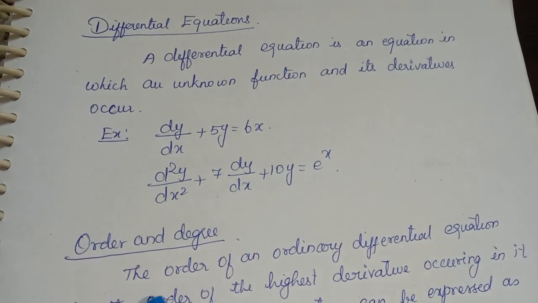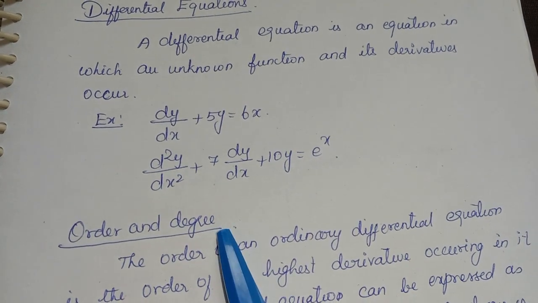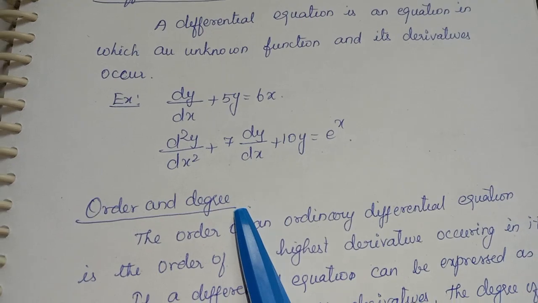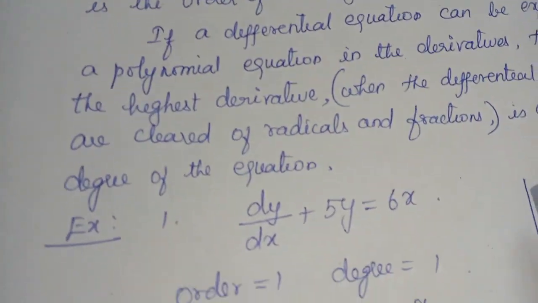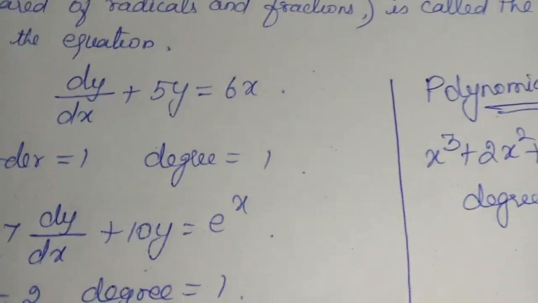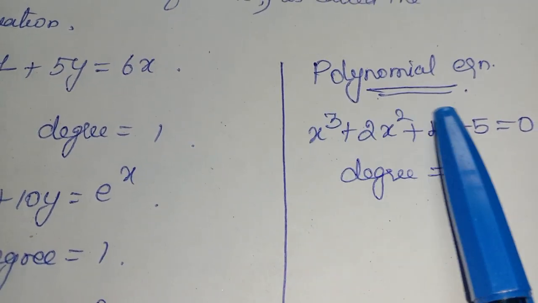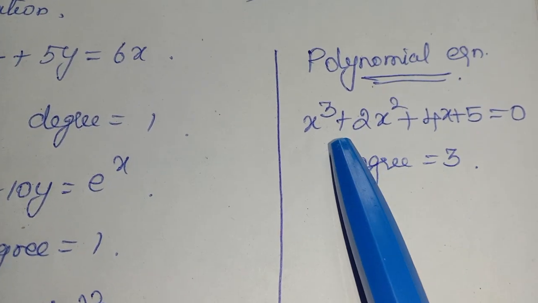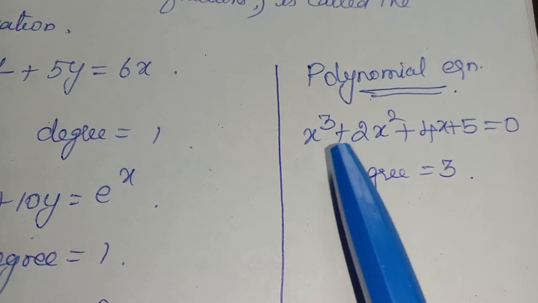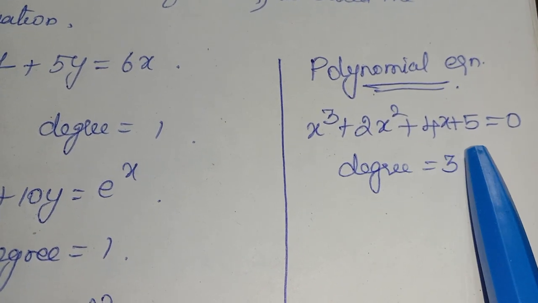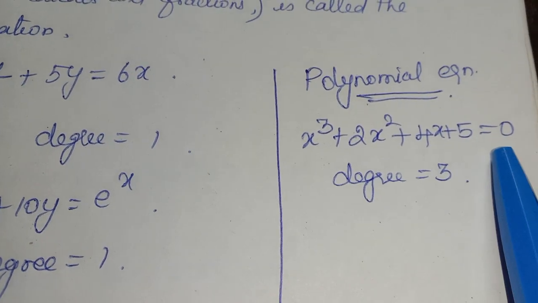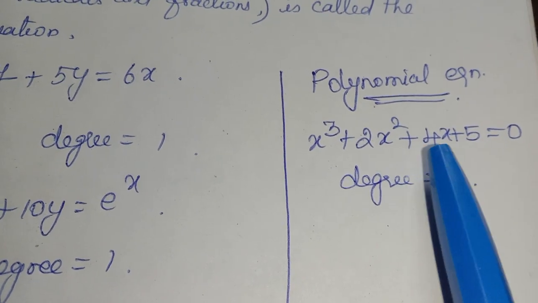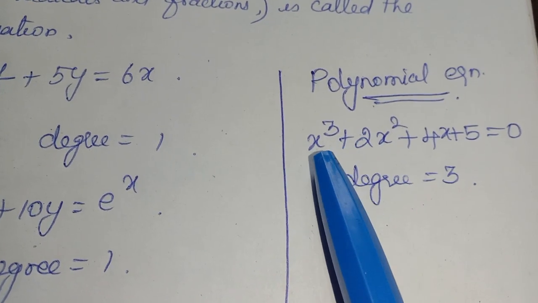Next, we are going to see about order and degree of a differential equation. Before that, let's recall what a polynomial equation is. A polynomial equation is an equation containing x and powers of x. Look at this equation: x cube plus 2x square plus 4x plus 5 equal to 0. This equation contains x term, x square term and x cube term.